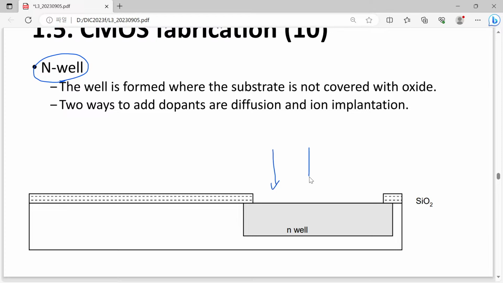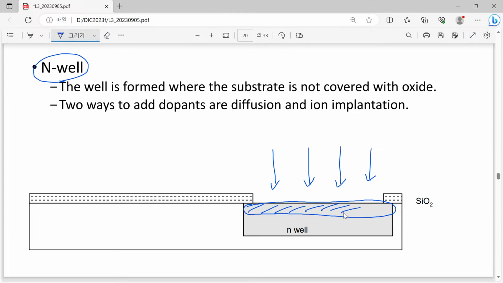First, ions are implanted here. Then at the beginning, just after ion implantation, there will be n-type ions located on the surface of our wafer. After that, we introduce thermal diffusion.